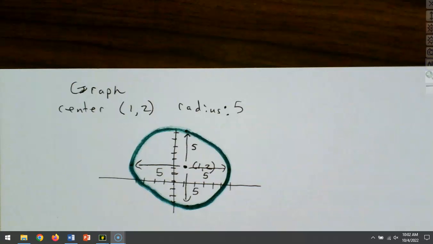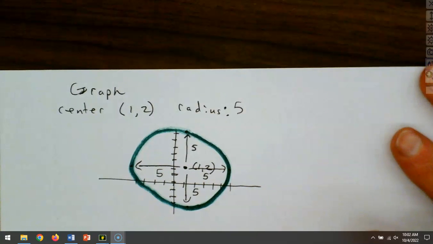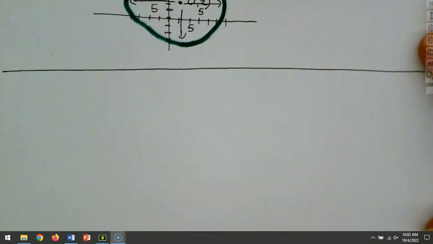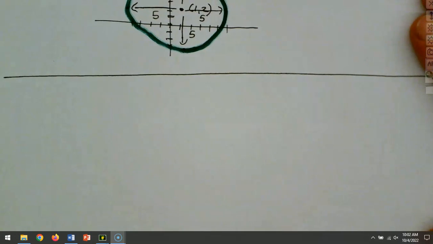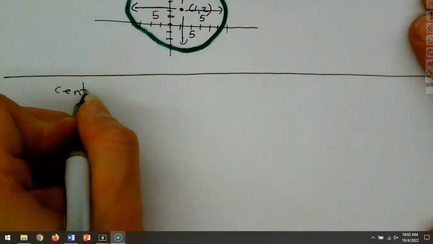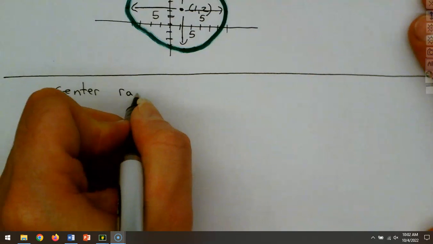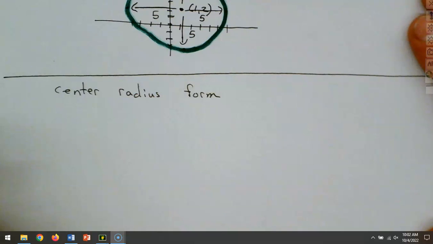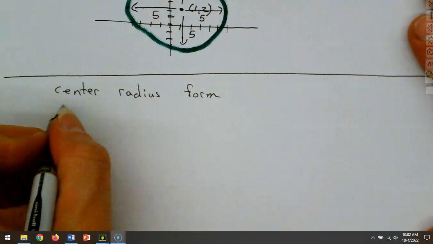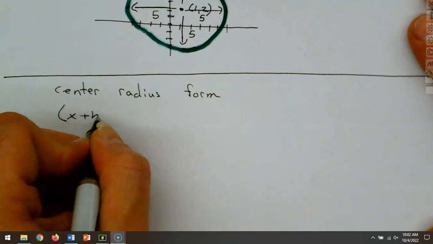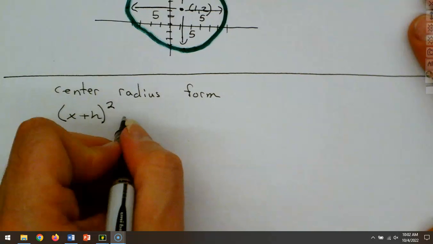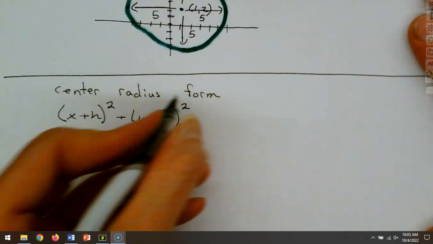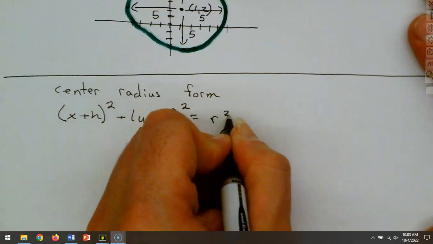We have a form for circles called the center radius form. And the center radius form is (x plus h) quantity squared plus (y plus k) quantity squared equals r squared.